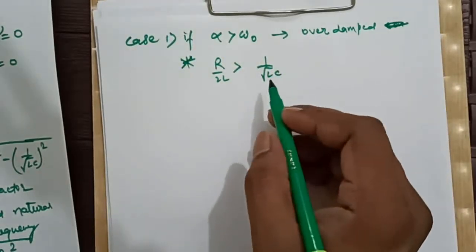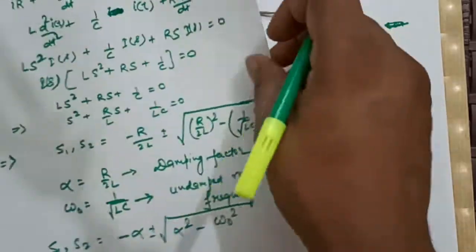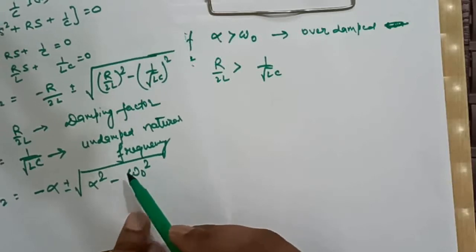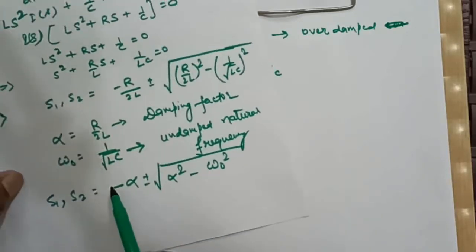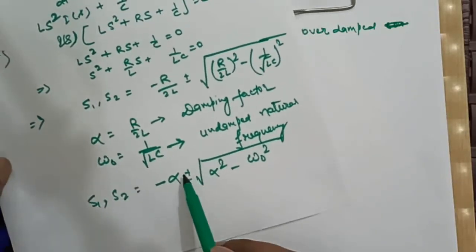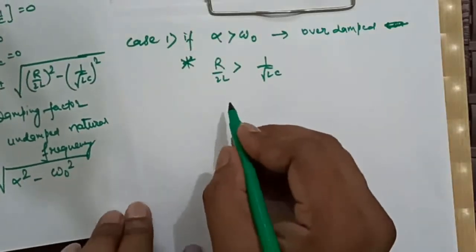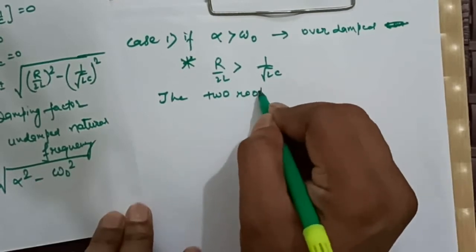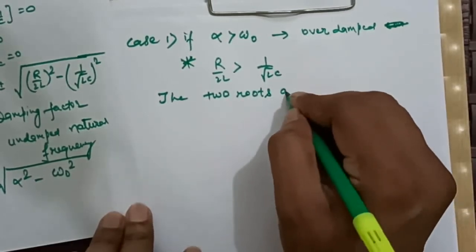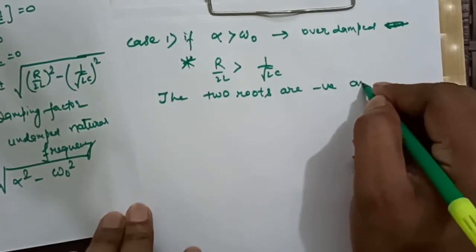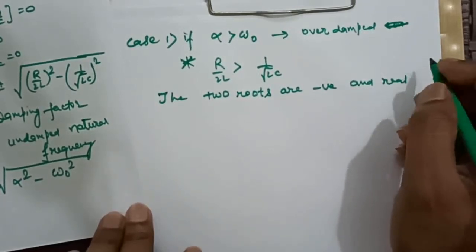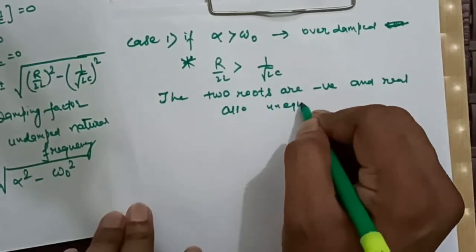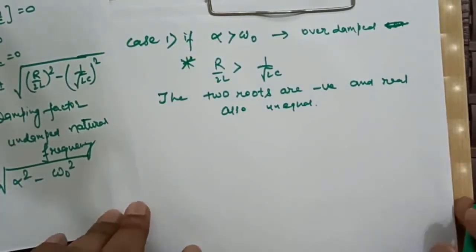Now if this is the case, then obviously this part will be positive and lesser than this part, which means the two roots will be negative, real and also unequal, right?